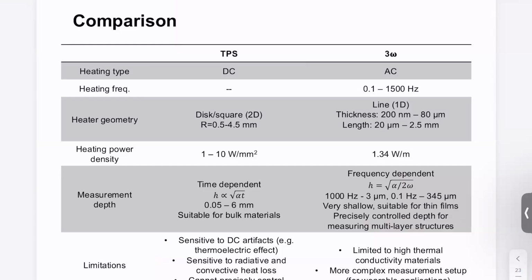It's limited to high thermal conductivity materials because the measurement depth is proportional to square root of thermal diffusivity. If alpha is too low, your measurement depth will be too shallow, and that wouldn't be very useful. And 3 omega requires an AC method, so that requires more complicated electronics. So it's a limitation for wearables.